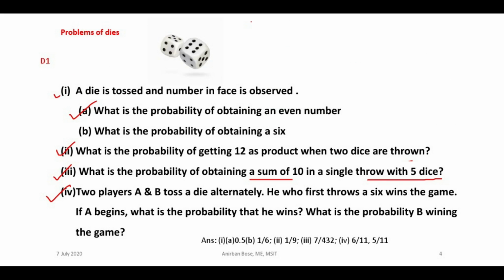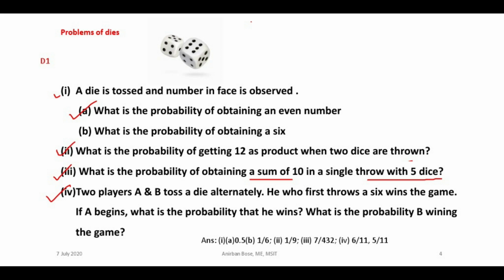So here the problem is: two players A and B toss a die alternately. He who first throws a 6 wins the game. If A begins, what is the probability that he wins? Okay, so what is the game that they are playing? Suppose A throws first, and if A gets 6, then A will win.